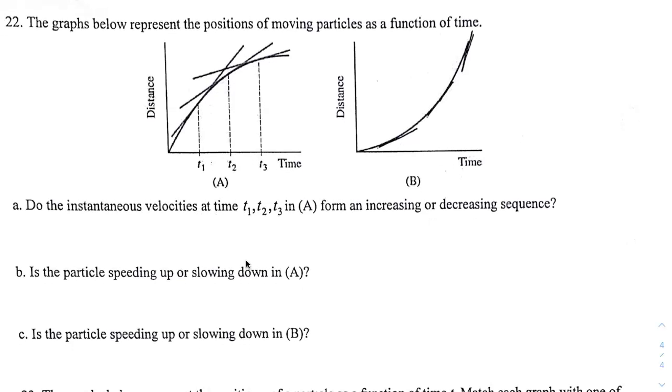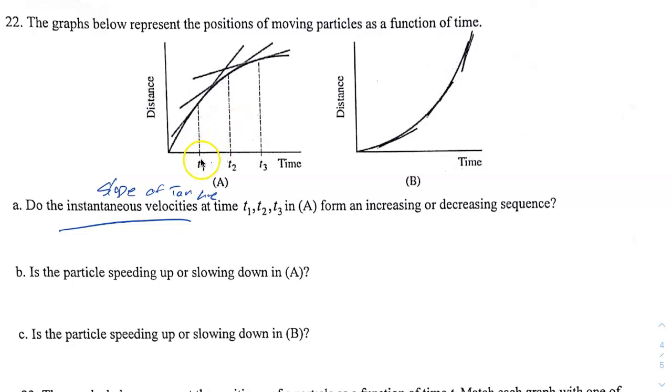Last page. The graph below represents the position of moving particles as a function of time. Do the instantaneous velocities at t1, t2, and t3 in A form an increasing or decreasing sequence? So remember, instantaneous velocities are the slope of a tangent line.